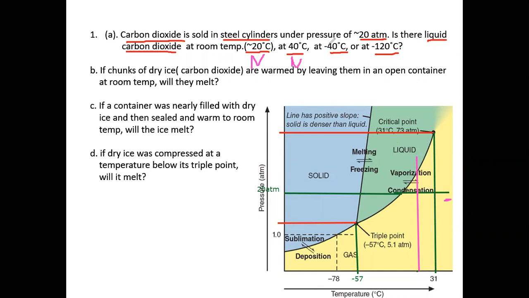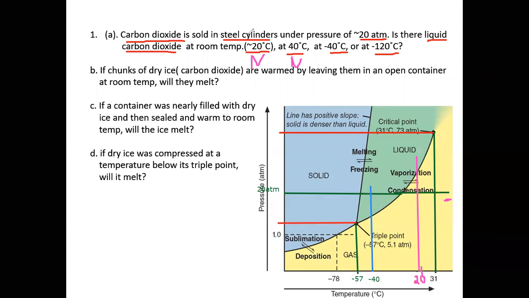What about -40 degrees Celsius? So this was 20 degrees Celsius. Negative 40 degrees Celsius would be somewhere right about here, and it could exist, maybe would have liquid CO2.